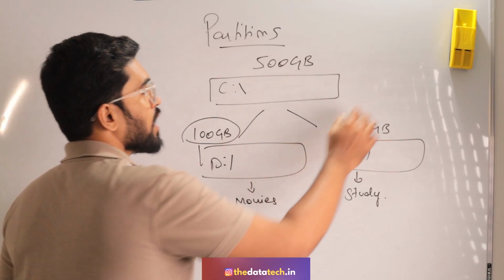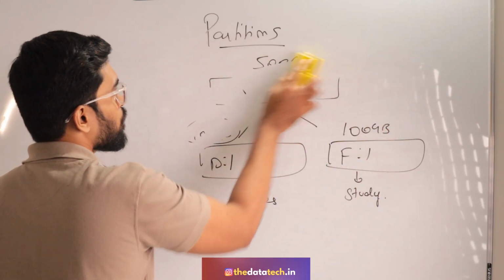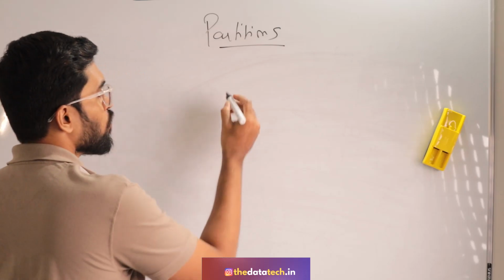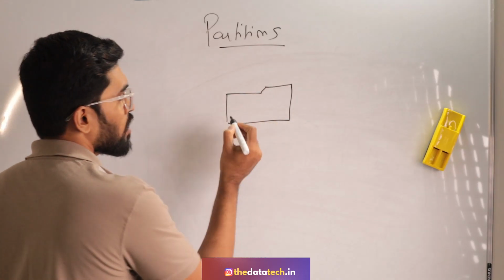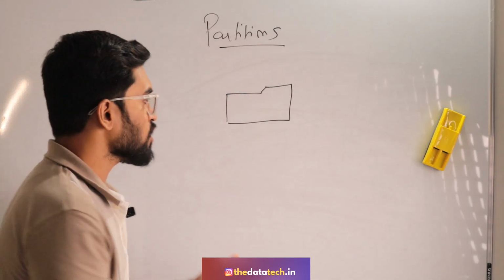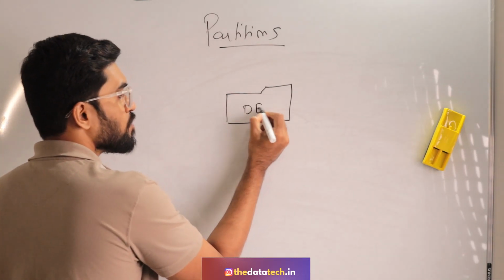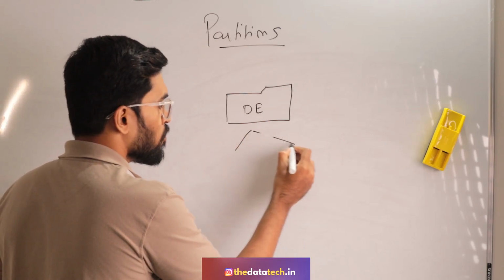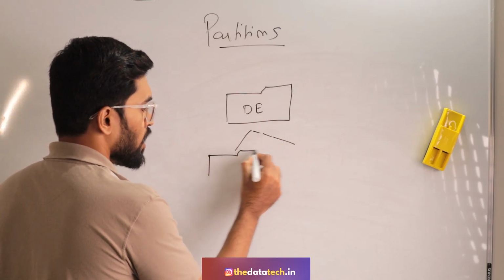And one another example, let me just erase this. Imagine that you have a folder. If you take myself, I create all these videos, and before editing I put them into my folder DE, data engineering. I create a main folder, and within this I create subfolders.